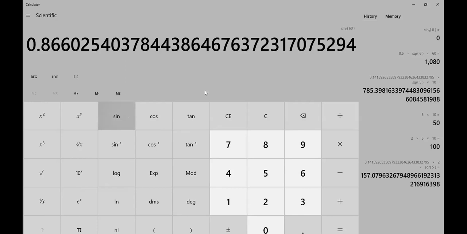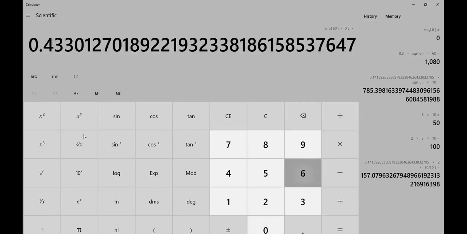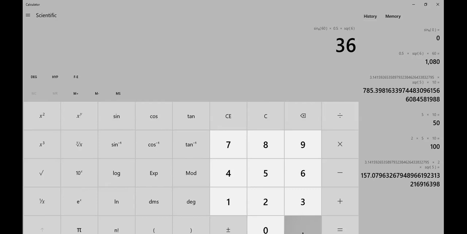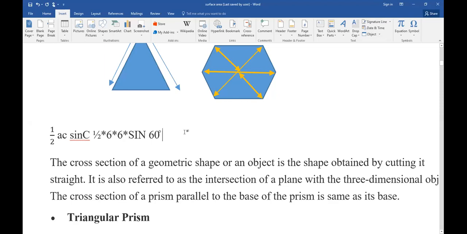So times a half, which is 0.5, times 6 squared, and then equals.